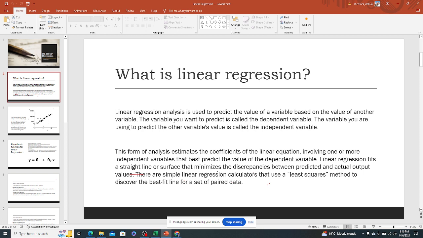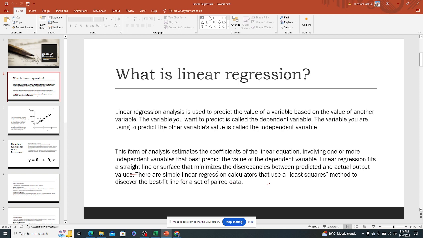Linear regression analysis is used to predict the value of a variable based on another variable. So here we are discussing two variables, even though at some time you might have more than two variables.